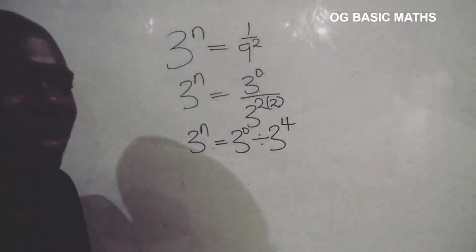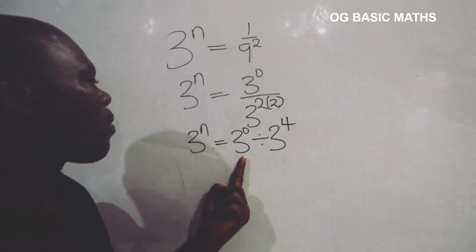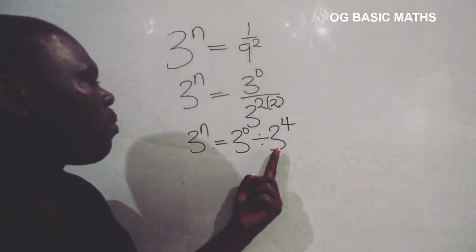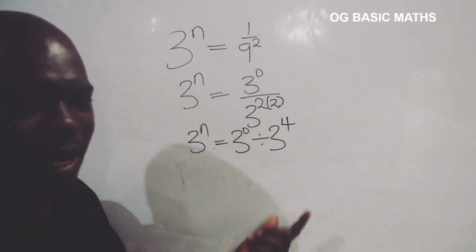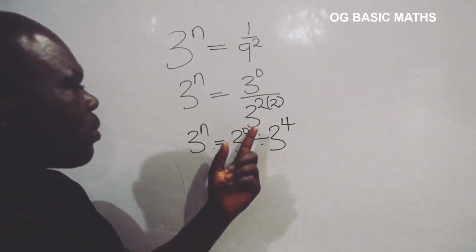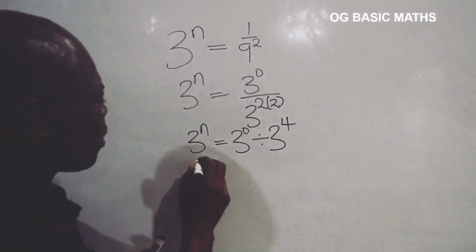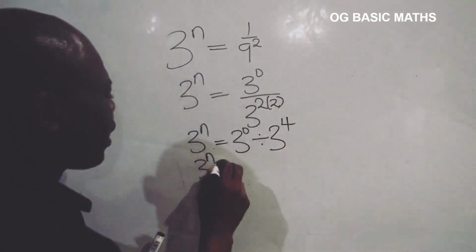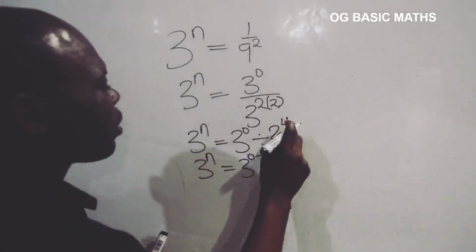Now we can simplify. And remember, according to one of the rules of indices, whenever we have numbers with a common base dividing each other, it means subtraction. So we are going to subtract this 4 from 0. So what we have now becomes 3 raised to the power of n equal to 3 raised to the power of 0 minus this 4.